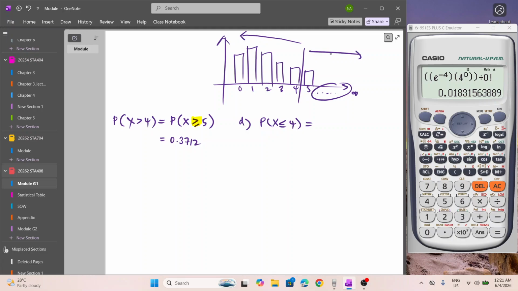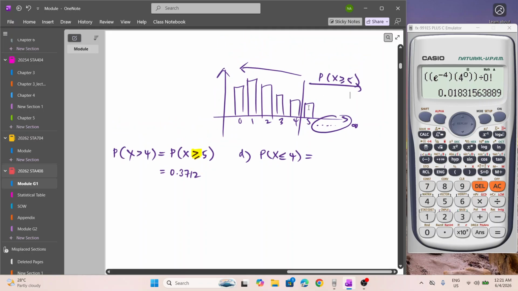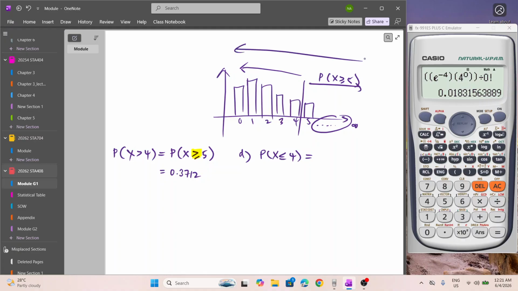So what you need to do is remove everything from here. We have also discussed that everything here is equal to 1. So to get the probability of X less than or equal to 4, it is basically 1 minus the probability of X greater than or equal to 5.